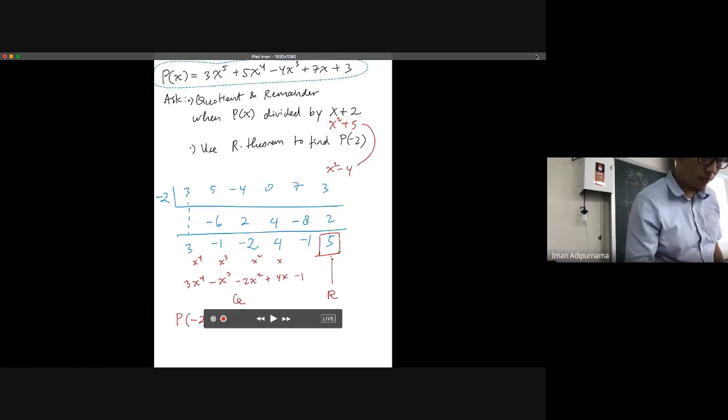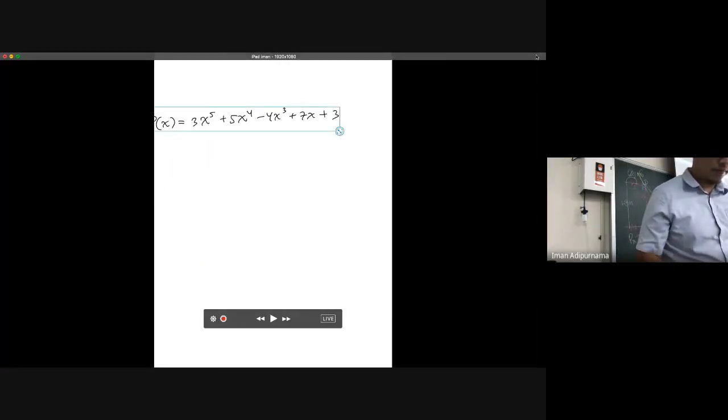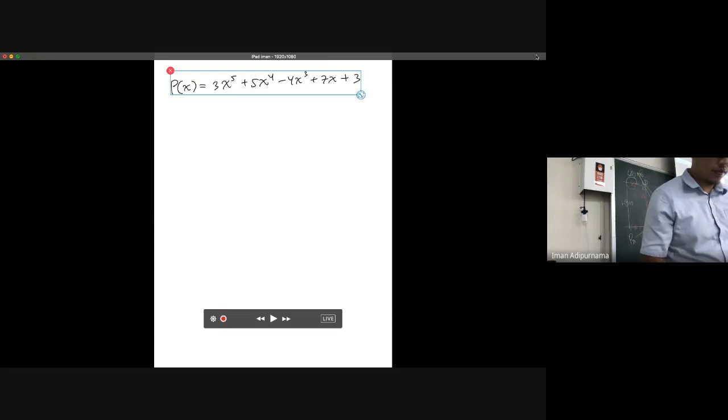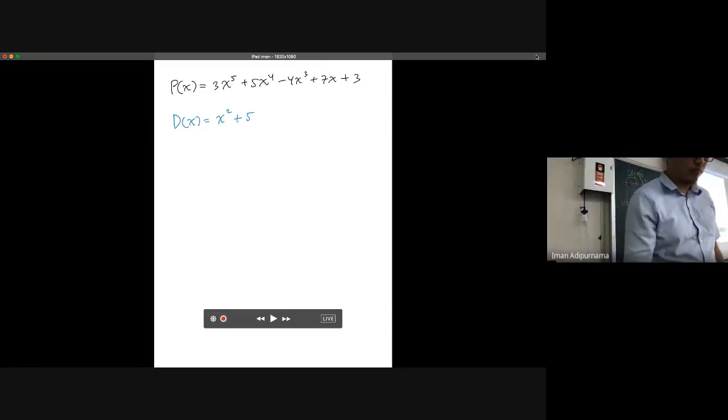Let me copy the same question. If your divisor is x squared plus 5, you cannot use it, so synthetic division will be useless.